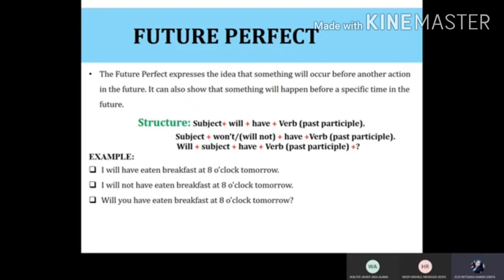I will not have eaten breakfast at 8 o'clock tomorrow. In question form, will you have eaten breakfast at 8 o'clock tomorrow?